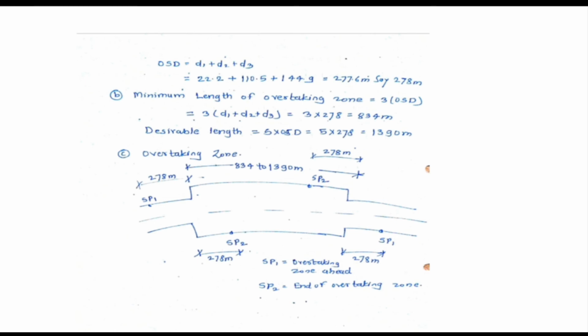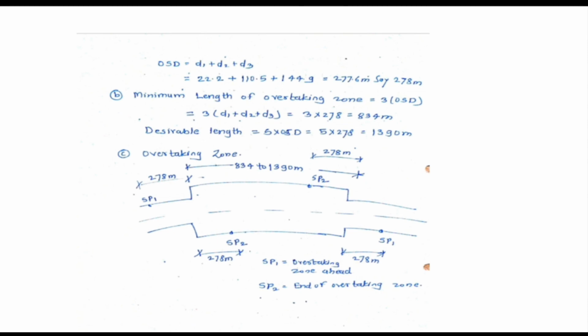The overtaking sight distance is 278 meters as shown in the figure, whereas the overtaking zone has a minimum of 834 meters and the desirable overtaking zone length is 1390 meters. That means this overtaking zone should be at least 834 meters and desirable will be 1390 meters. So a range has to be given.